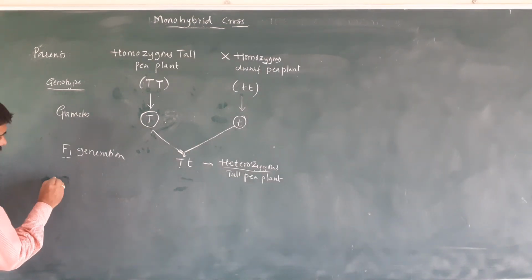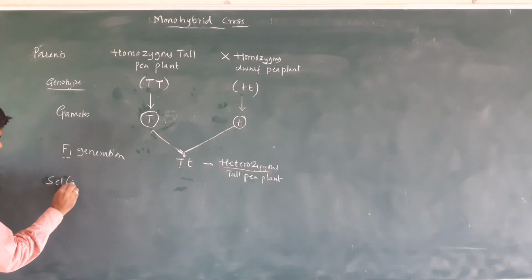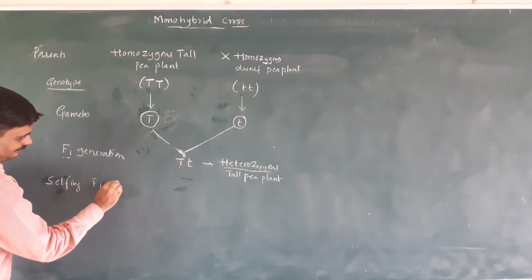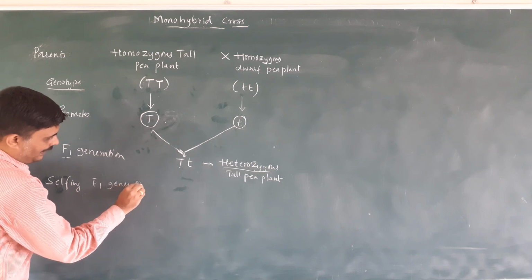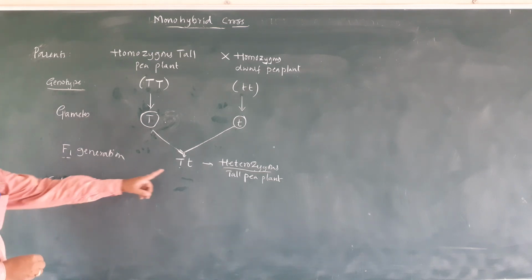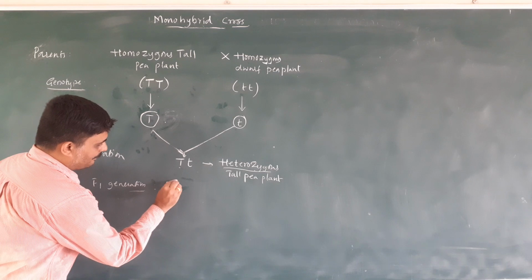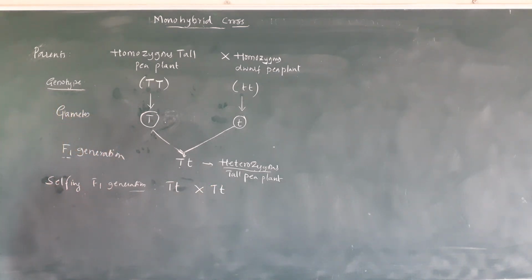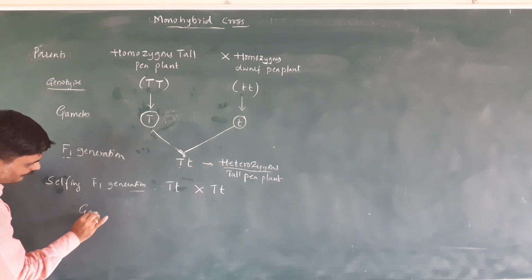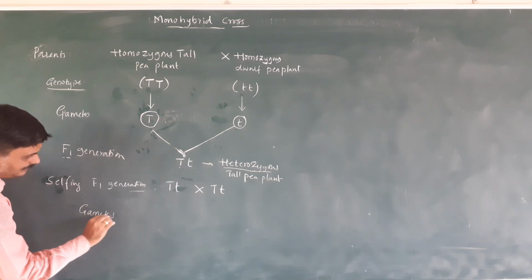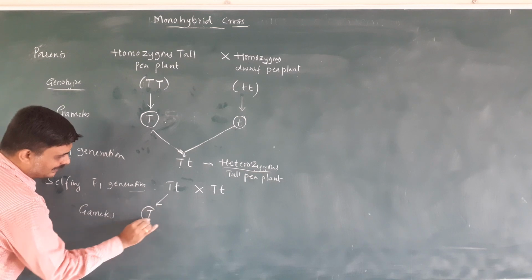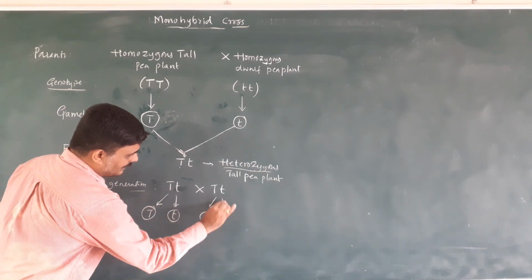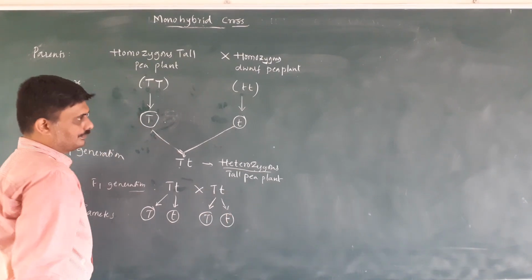So he started selfing the F1 generation, the pea plants produced in the F1 generation. That is, capital T small t is crossed with capital T small t. What kind of gametes are produced? Two different kinds of gametes are produced here, and here also.